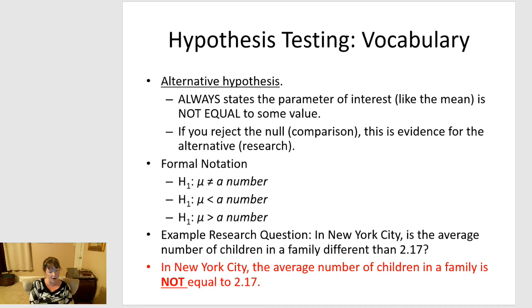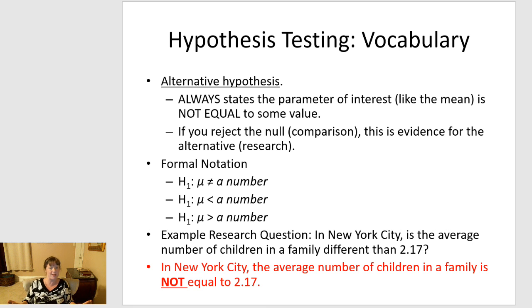Now, in the alternative hypothesis, to sum up and give you some tips, an alternative is what you really think is going on. Why is it called the alternative? Because you test the null so that you can go with the alternative, your awesome research hypothesis. It's always going to say some parameter, like mu, the average, is not equal to some value, right?